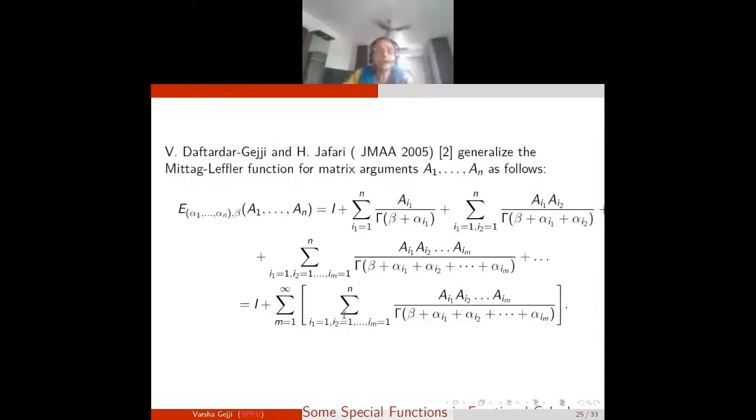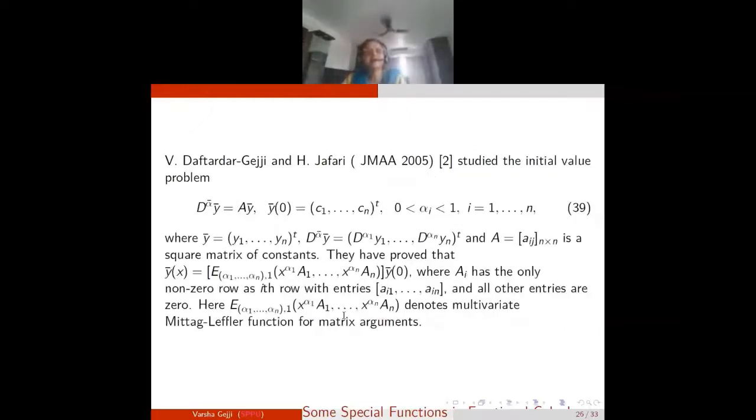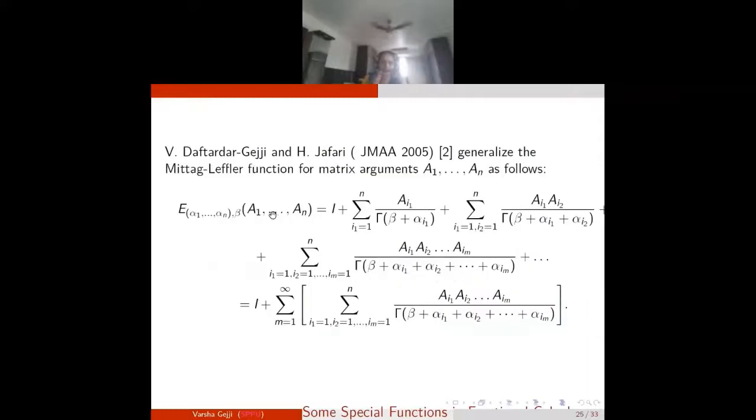So you might imagine the complexity of the definition, but what is the use? And interestingly, we could show that this is a solution. I mean, if I now consider a system of equations here, where alpha bar is nothing but alpha 1, alpha 2, ..., alpha n, and y bar is y1, y2, ..., yn.